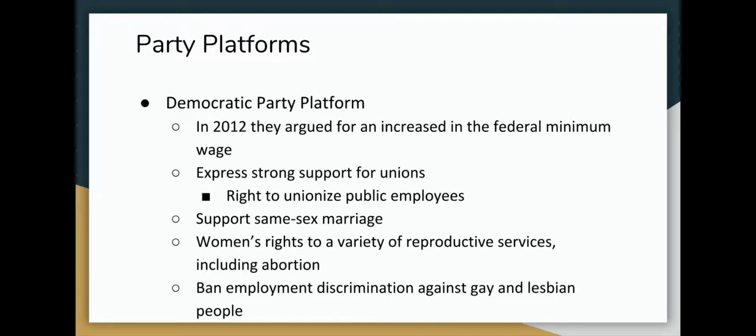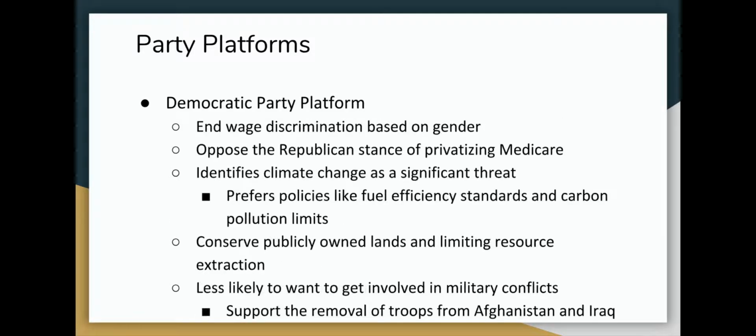They support same-sex marriage. They support women's reproductive rights, including abortion. They want to ban employment discrimination against gay and lesbian people. They want to end wage discrimination based on gender. They oppose the Republican stance of privatizing Medicare, and want to conserve publicly owned lands and resources.